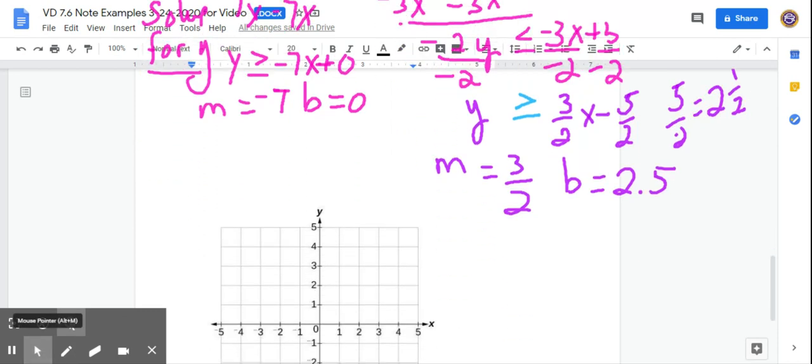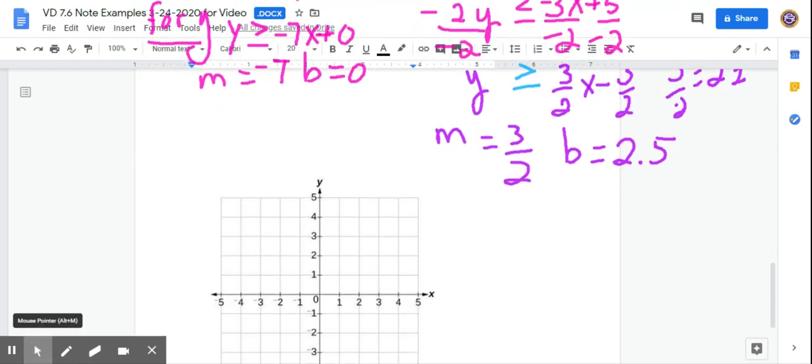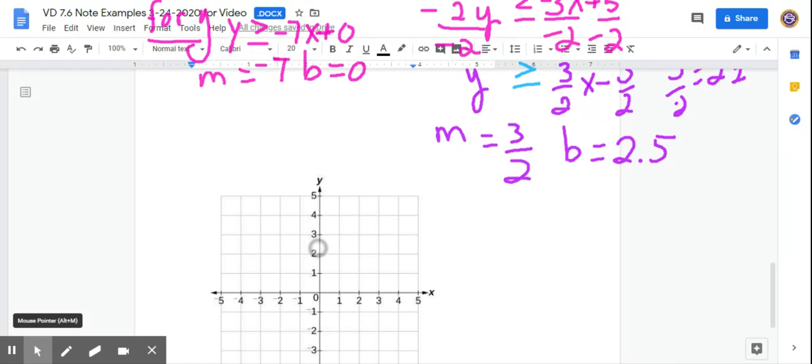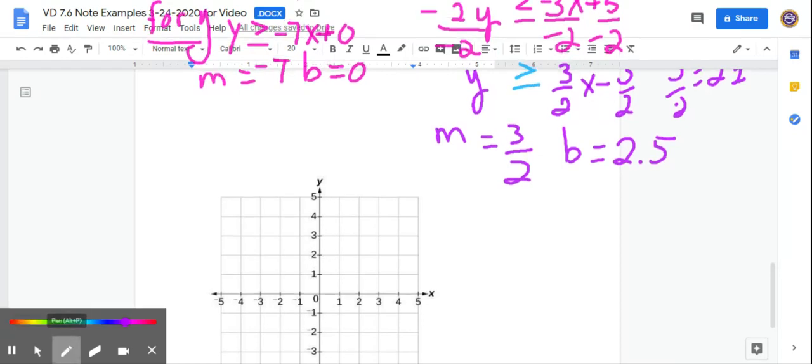Now we have to graph each of these lines. Okay? So I'm going to graph this one first because I have that same color on my pen right now. So 2.5 is your y-intercept. So go up 2 and then halfway between 2 and 3. So your point is here. Now you're going to go up 3.